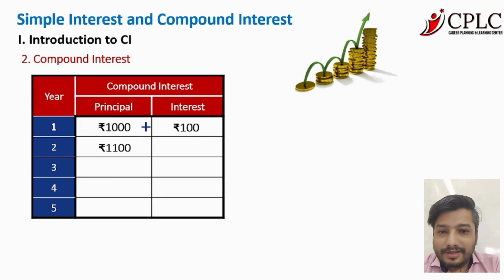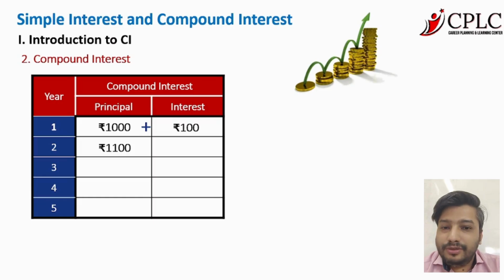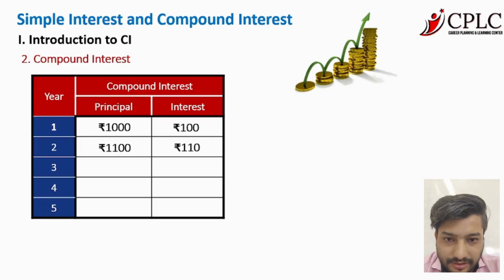The first year's interest of 100 rupees should be added to the principal of the second year. So for the second year, your principal is not going to be 1000, it is going to be 1000 plus 100, which is 1100. On that 1100 rupees, you are now going to get 10%, which is 110 rupees of interest.